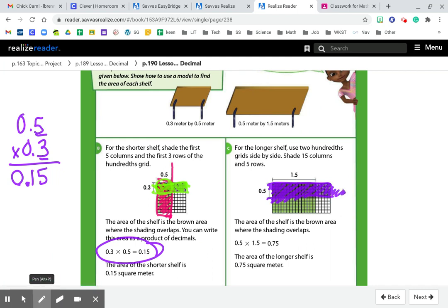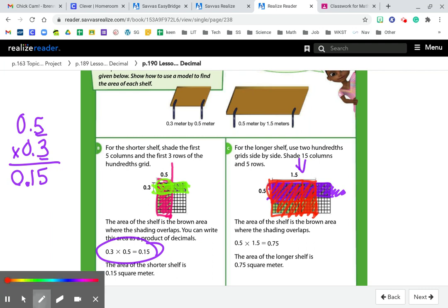We just keep going, going, going. And then in our columns going down, we have one whole, that's 10, plus 5. So that's 1.5, it's like 15 tenths. And our overlap is right here.